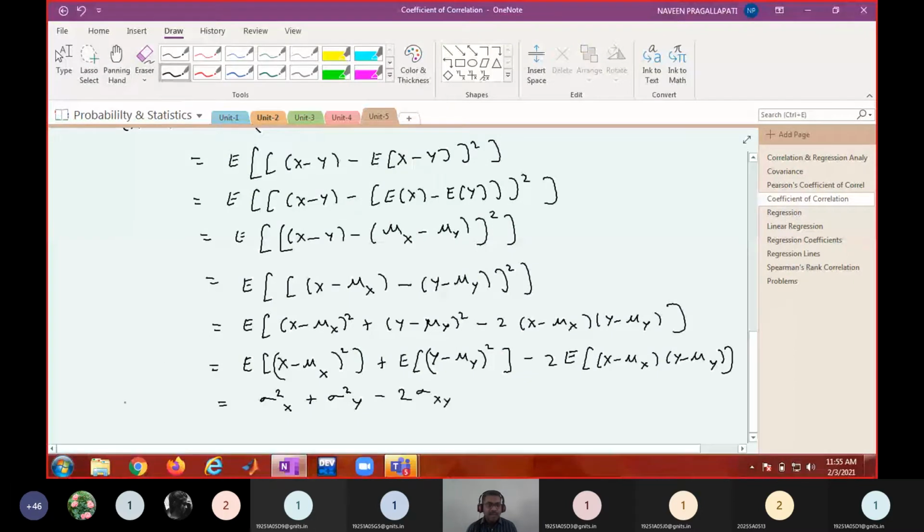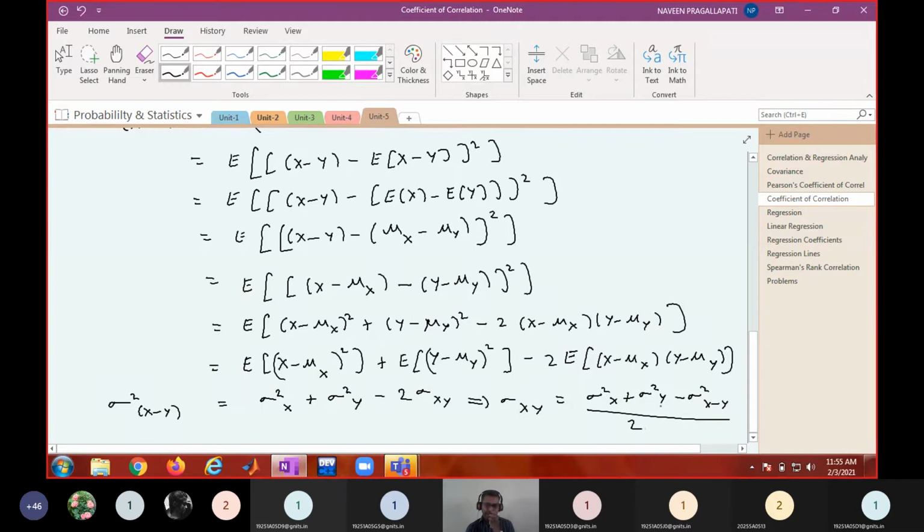So what is this? Sigma square of x minus y, right? Now from this, what is sigma xy? Sigma square x plus sigma square y minus sigma square of x minus y, by 2.